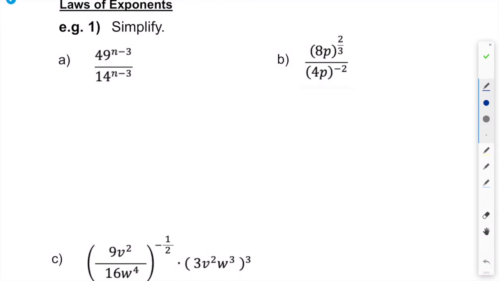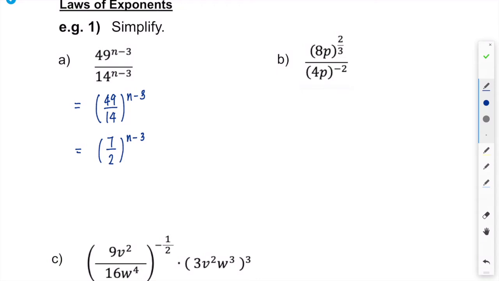Therefore, we can use one little trick, which is to note that since both share the same exponent, we can write the power in this form. And now this allows us to simplify 49 over 14 as 7 over 2 to the power of n minus 3. You can leave your answer like that.